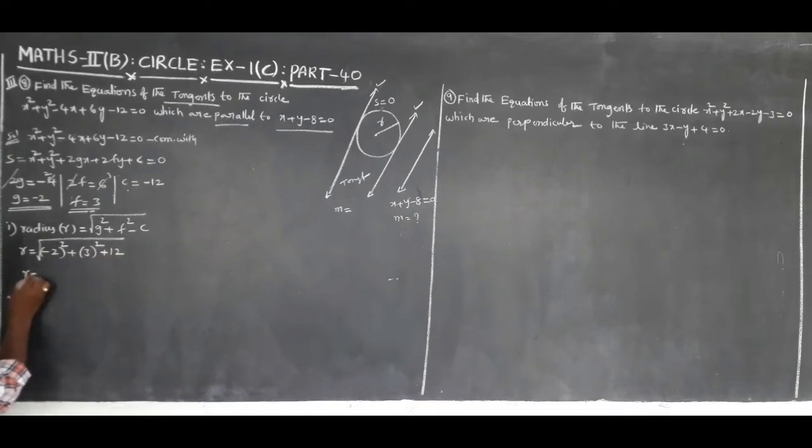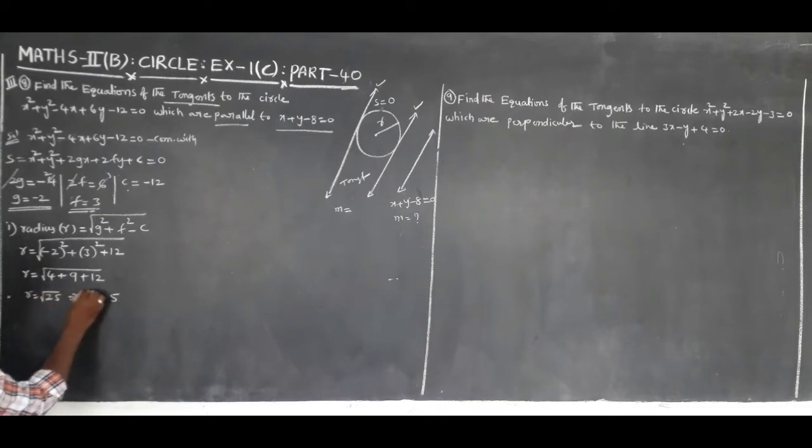R is equal to under root of 4 plus 9, 13, 13 plus 12, 25. Therefore, r is equal to 5. This is the radius of the circle.